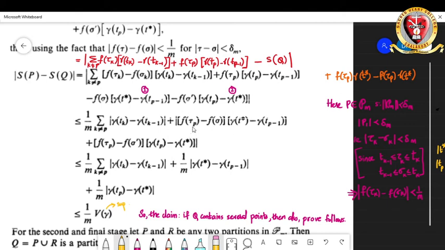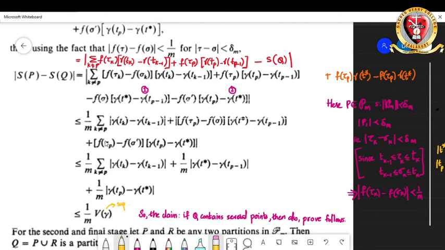So modulus of tau p minus sigma will be strictly less than delta m for sure. That means that modulus of f of tau p minus f of sigma will be strictly less than 1 by m there also. And also here, modulus of Tp minus sigma dash will definitely be strictly less than delta m.